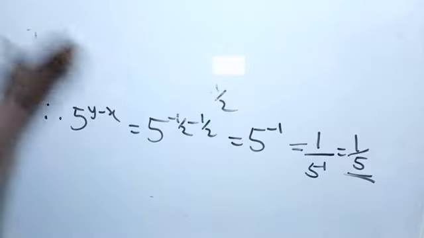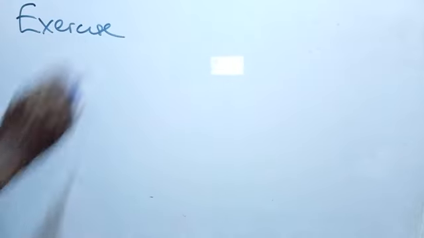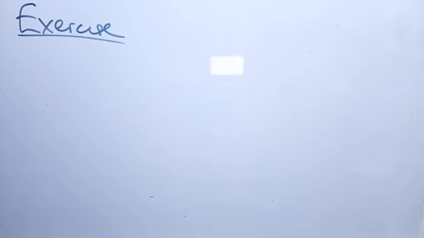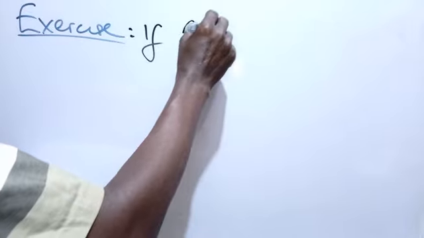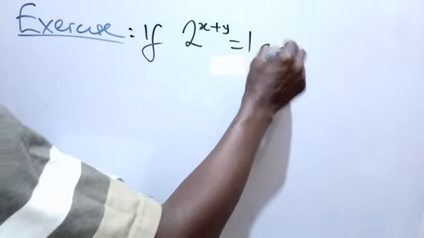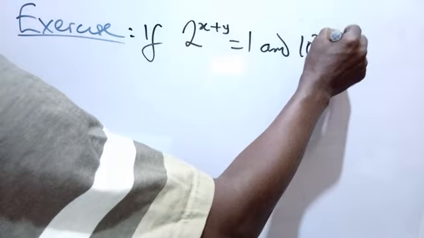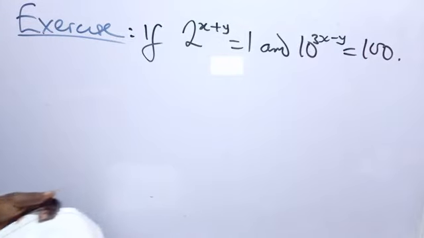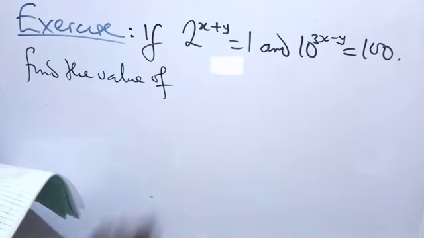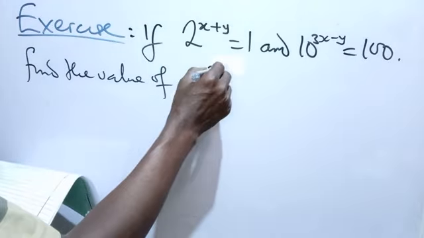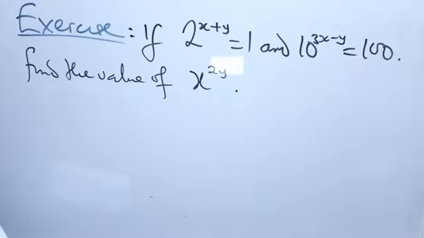Exercise: if 2 raised to the power x plus y equals 1 and 10 raised to the power 3x minus y equals 100, just almost the same question, now find the value of x raised to the power 2y.